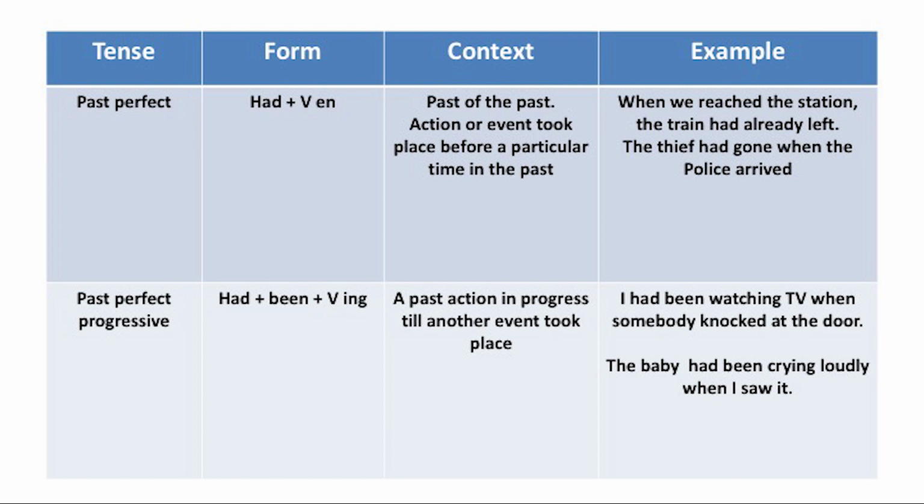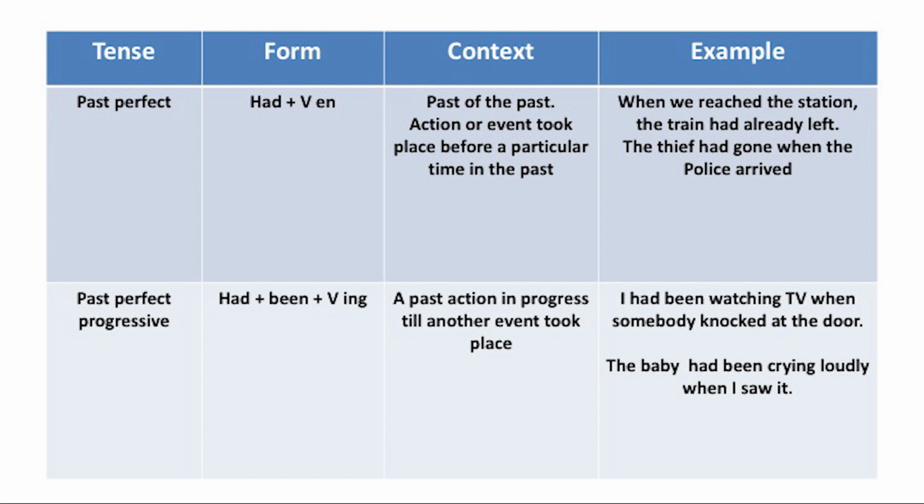The context in which it is used is a past action in progress till another event took place. That means, one action in the past was taking place when another event took place. Example, I had been watching TV when somebody knocked at the door.